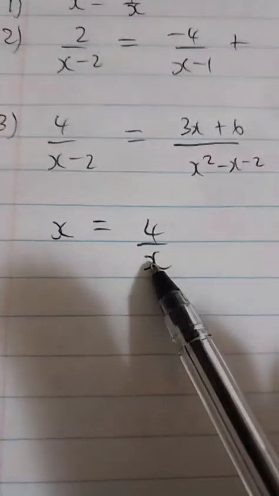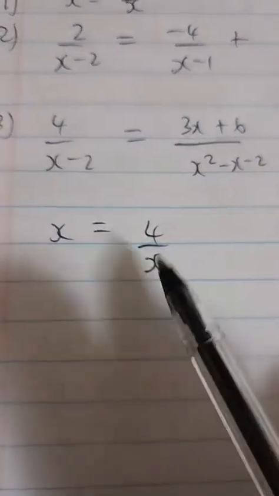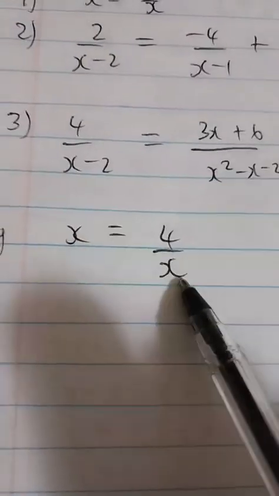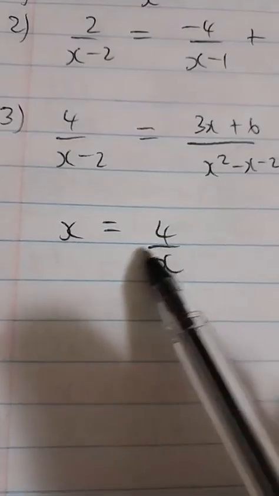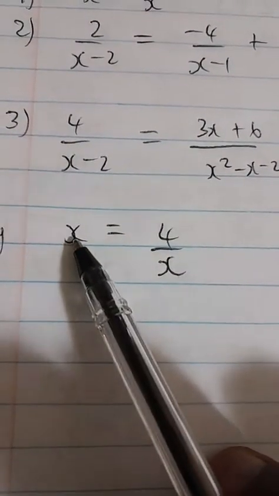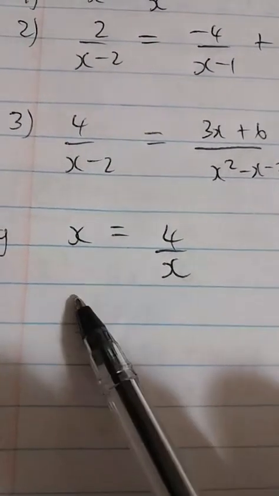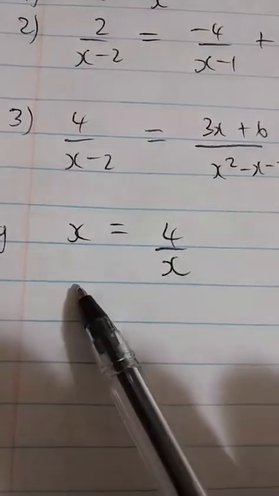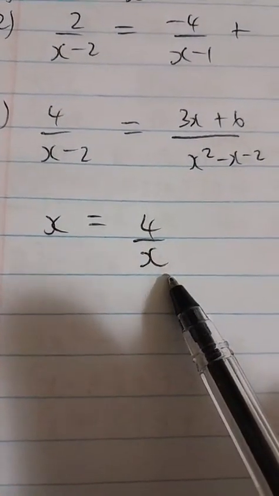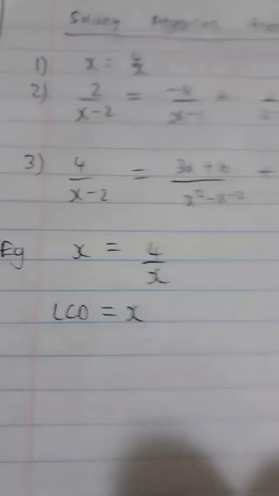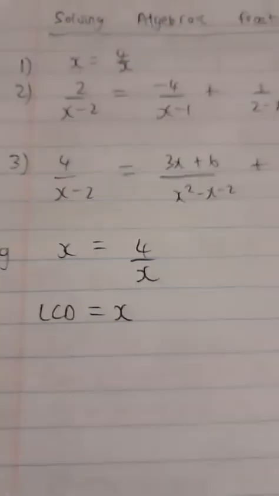Step number 2 says find the LCD and state the restriction. So what is the lowest common denominator for x over 1? Remember, x can be written as x over 1 and 4 over x. The LCD is x. So we've just written down the LCD.